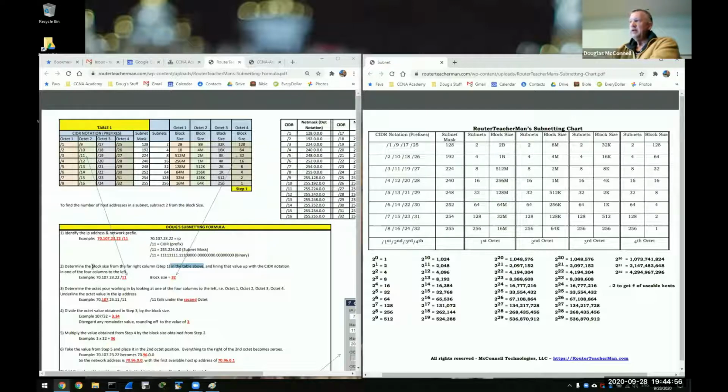If you forget that in step 2, we're considering the block size only from this column, because there's 3 other block sizes, guys. There's a block size here, here, and here. So always remember in step 2, you go to this column for this calculation.